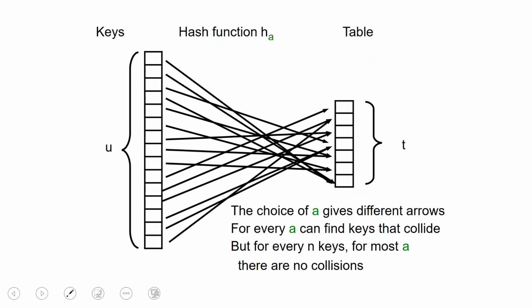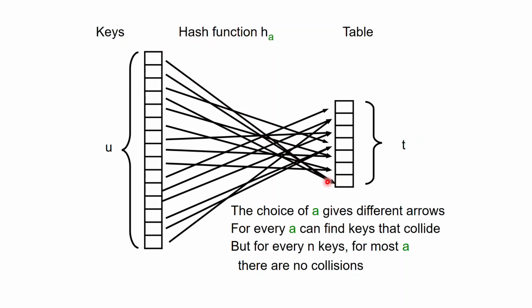Here is a picture of how a hash function works. We have u different keys, and we have a table just like before with t slots. And there is a function h which maps keys to slots.